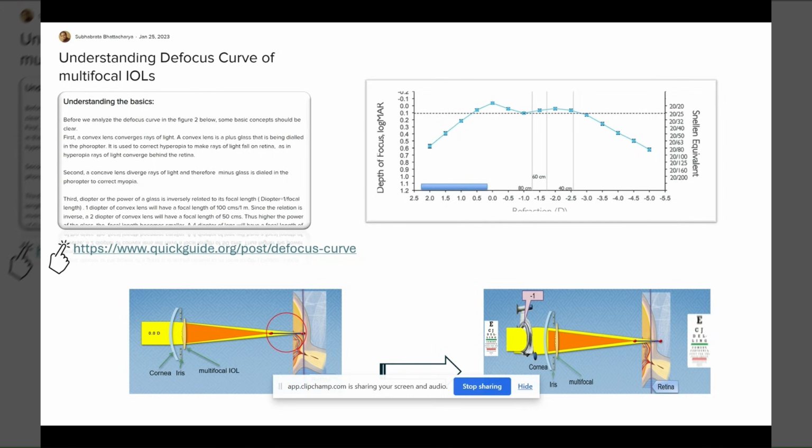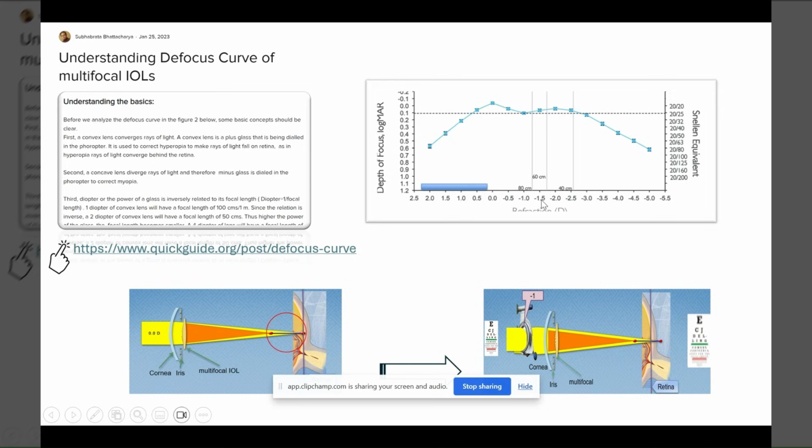So your start point is best corrected 6 by 6, and then you dial these minus lenses, the negative lenses over here. And what these lenses mean is that you are dialing lenses, which means vergence distance from the eye, right?